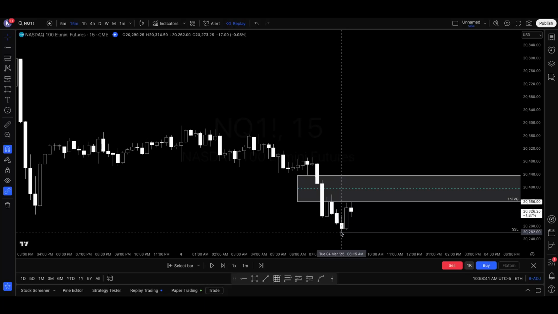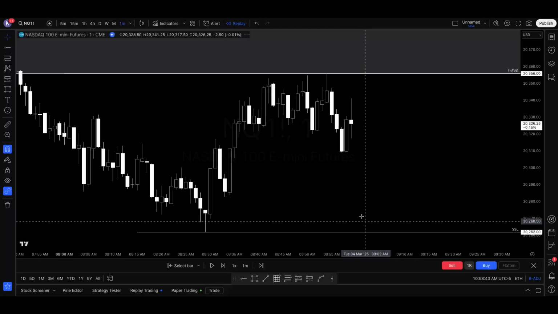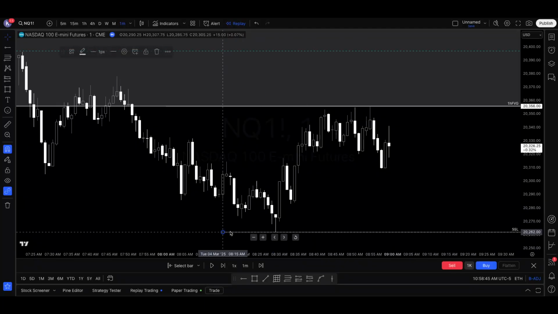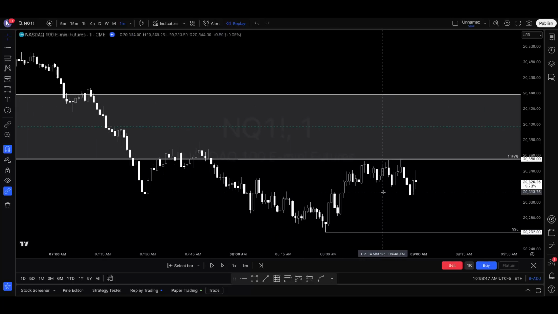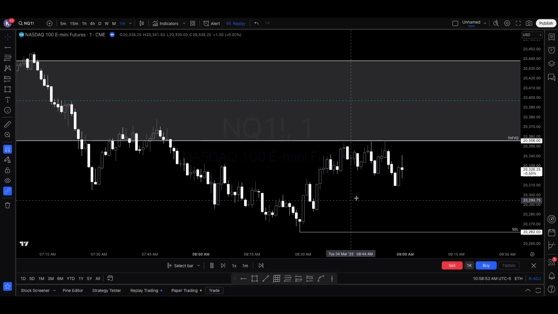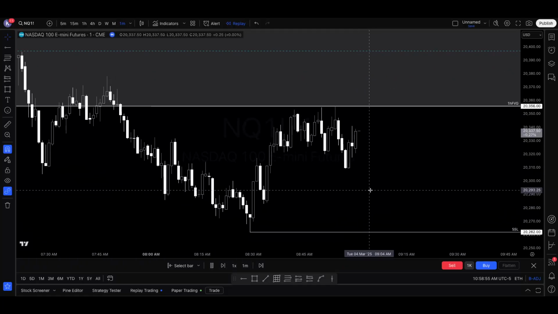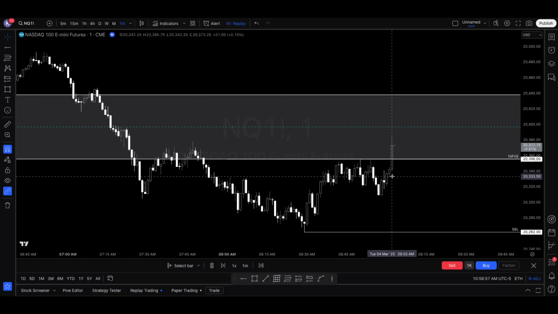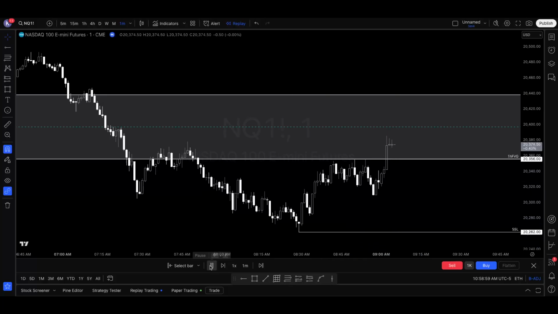Now that we have this 1 hour fair value gap open, I'm dropping down into a 1 minute chart to see when price could start reacting to this. At this point, I'm just waiting. We're still a little bit before market open.